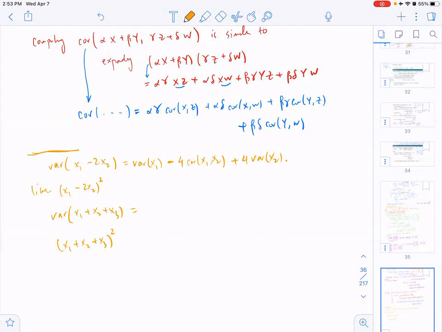Actually, this can be extended to more variables: the variance of x1 plus the variance of x2 plus the variance of x3, plus twice the covariance of x1 and x2, twice the covariance of x1 and x3, plus twice the covariance of x2 and x3, all the pairwise ones.